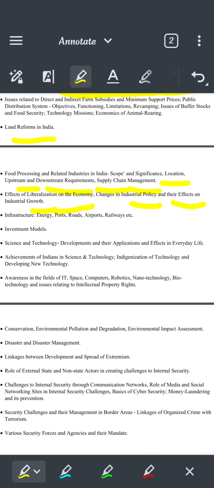Next is infrastructure: energy, ports, roads, airports, railways, etc. What are the various critical and non-critical infrastructure in India, and what are the issues associated with the development of infrastructure in India, and the various government policies in that regard, like the 102 lakh crore National Infrastructure Pipeline (NIP), or the recently launched PM Gati Shakti scheme?